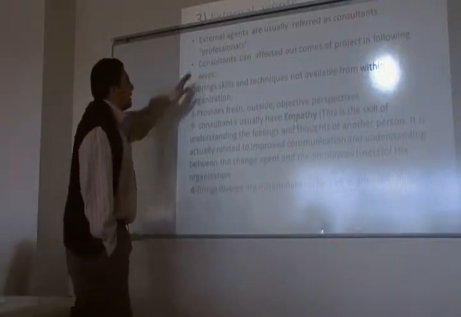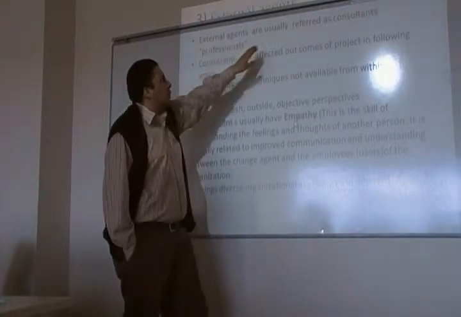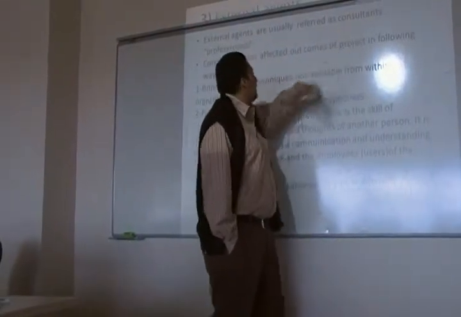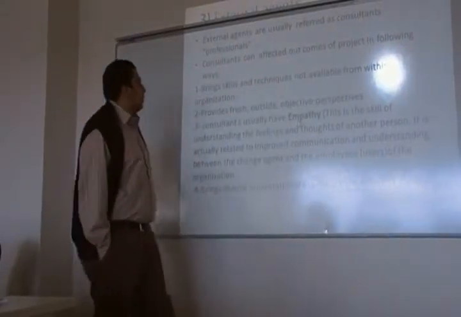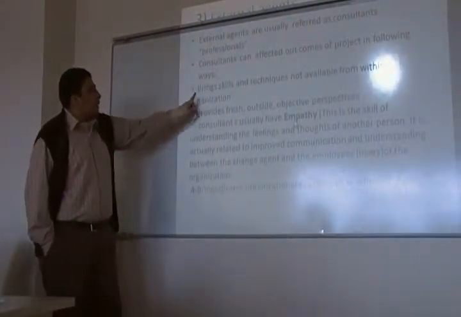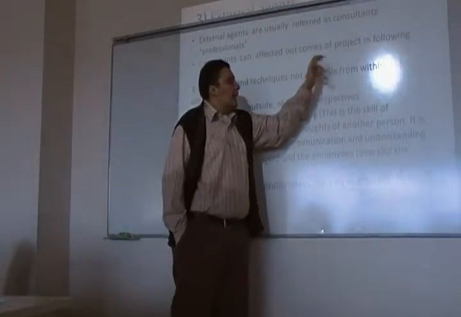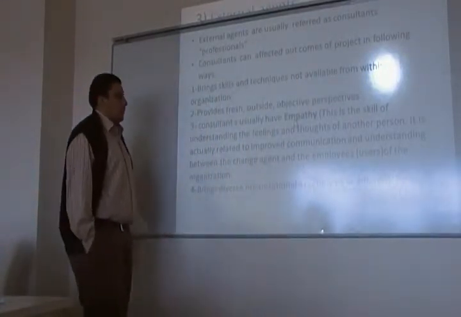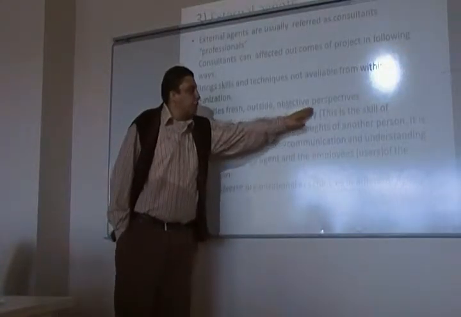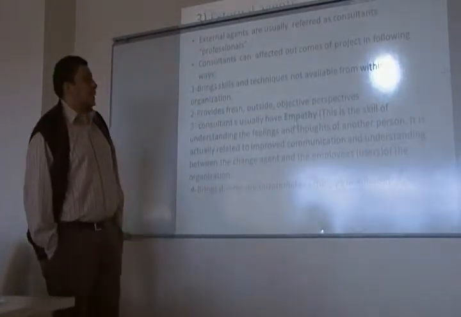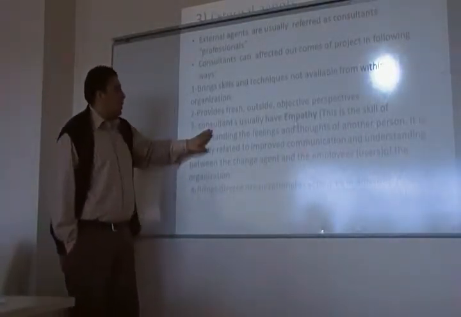Third, external agents, usually called consultants. Consultants can affect outcomes of a project in four ways. They bring skills and techniques not available in the organization. They provide outside objective perspectives from experience.